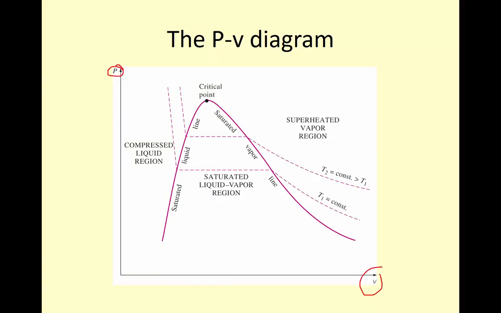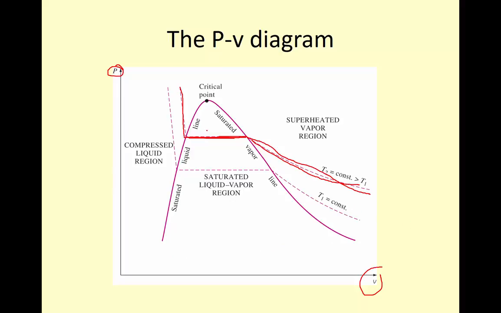So now we're looking at pressure and specific volume, and then we have lines of constant temperature. So again, there's this flat line through the saturated liquid vapor region that represents constant pressure and constant temperature during that phase change process. But now the pressure is decreasing with increasing specific volume for a given temperature.